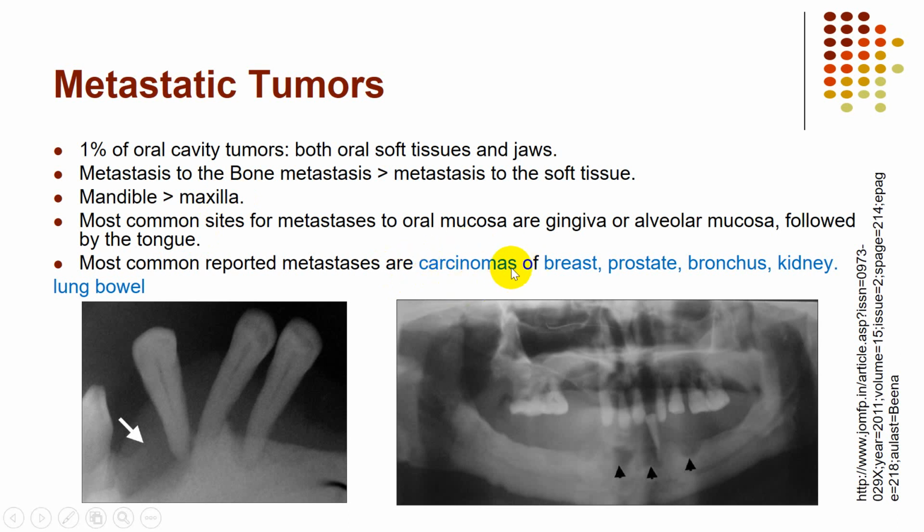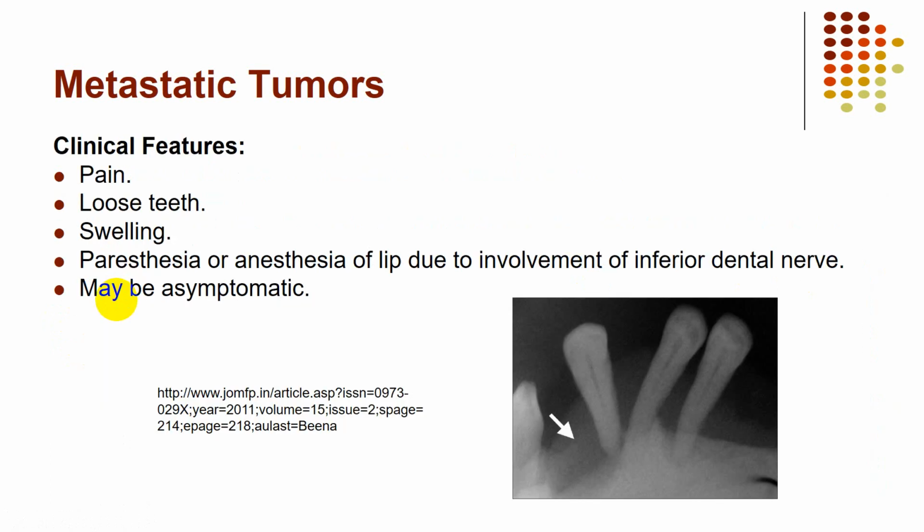They are not sarcoma, they are carcinoma, and they are of the BPB origin, breast, prostate, bronchus, in addition to the kidney, lung, bowel. These are the 6 tumors of origin that you should memorize, because you will be asked in oral pathology, in oral surgery, in oral medicine about what are the tumors of origin that will send metastasis to the jaws and to the oral soft tissues.